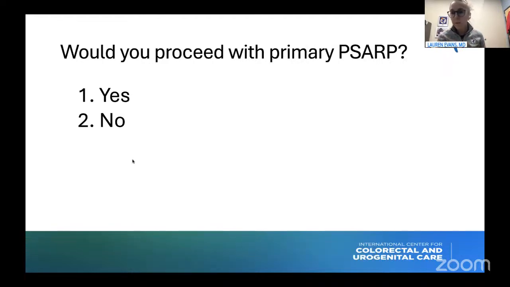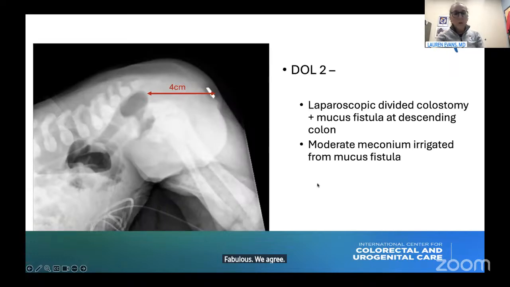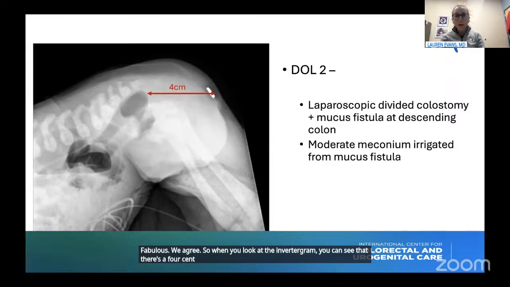Or no, I'm sorry, not wait, but proceed with colostomies. Fabulous, we agree. So when you look at the invertogram, you can see that there's a 4 centimeter distance from the rectum to the skin.